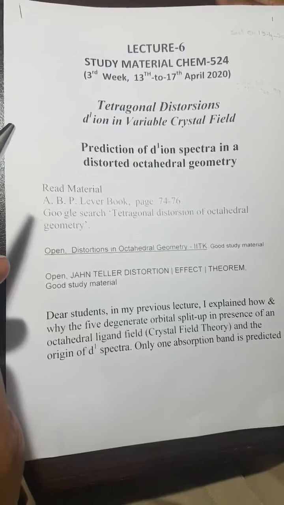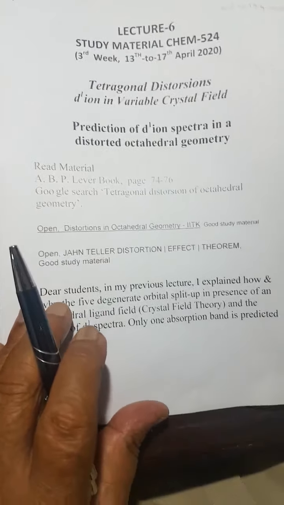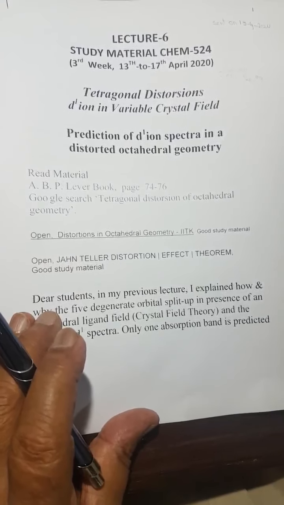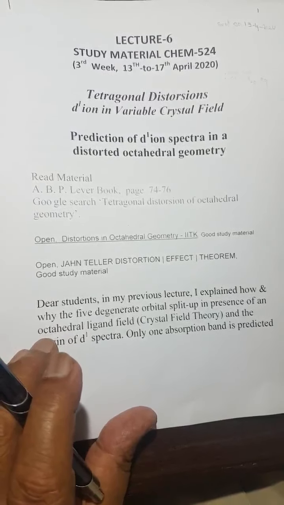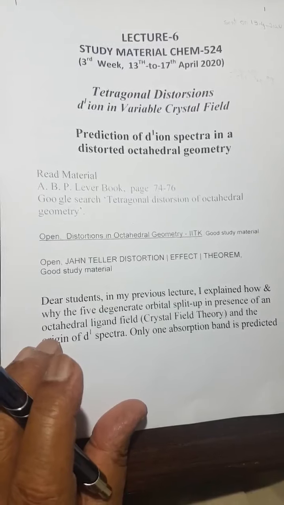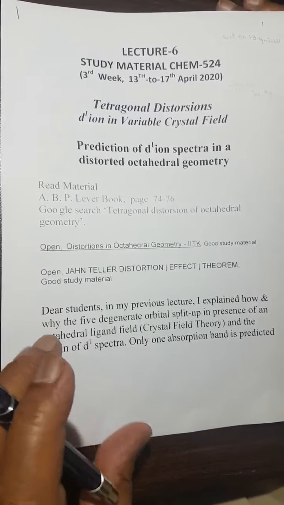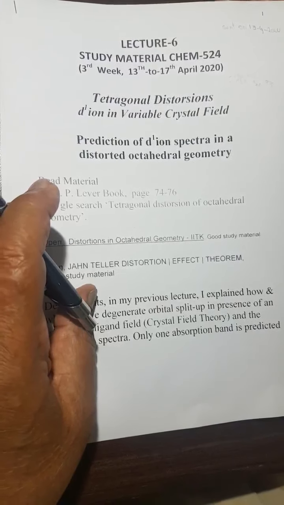Today I'm going to give you a lecture on tetragonal distortions in a d1 ion in a variable crystal field. By distortions I mean there is a regular shape, for example, a regular octahedral.